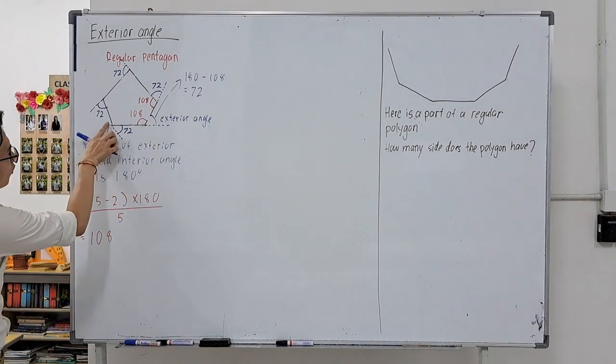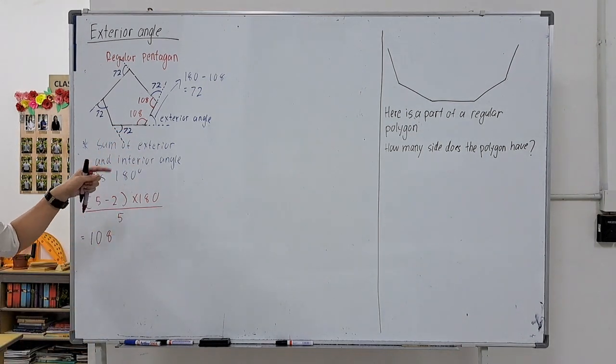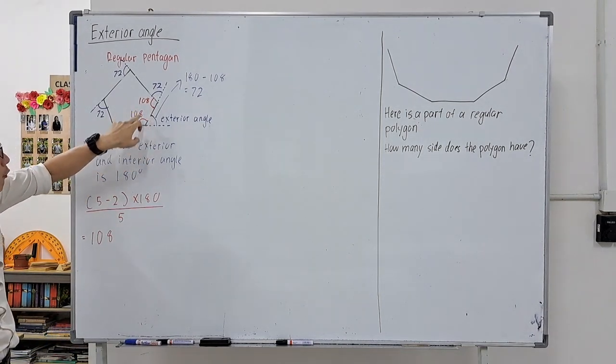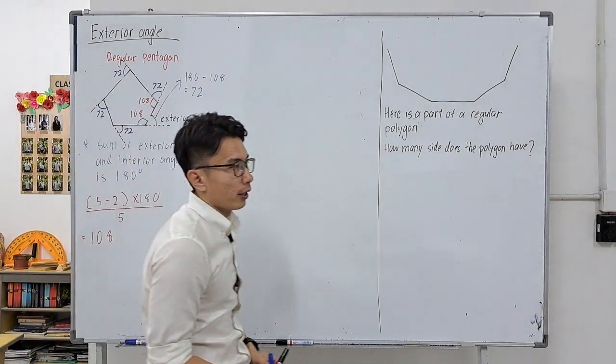Okay, so what I have drawn over here is all my exterior angle. Take a look, how do I get my exterior angle? It is from the extension of its original length. Okay, that's how I get my exterior angle.